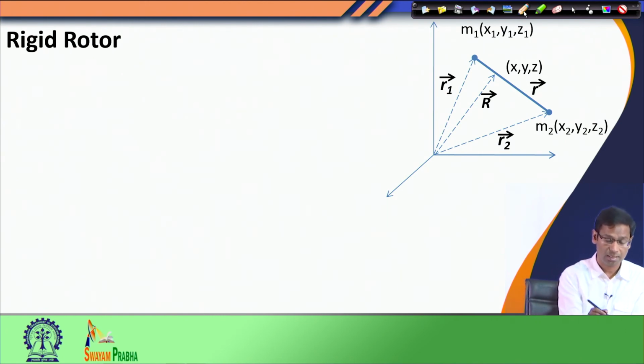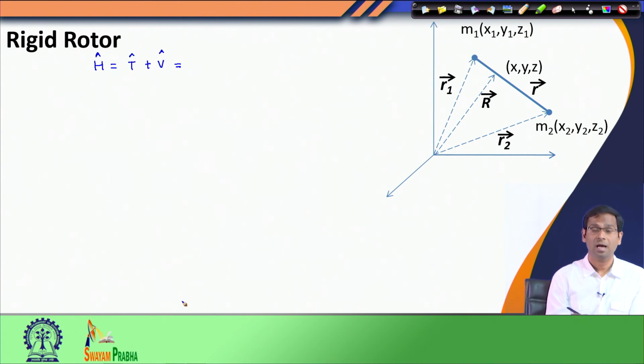So, I would like to solve this problem quantum mechanically. I have the Hamiltonian as T plus V, again the kinetic energy operator plus the potential energy operator, and I would assume that there exists no external potential.